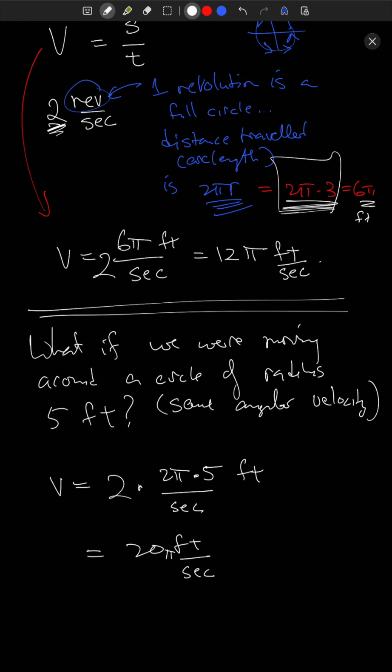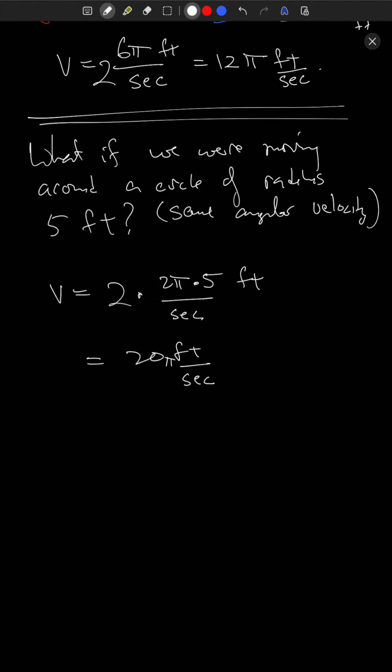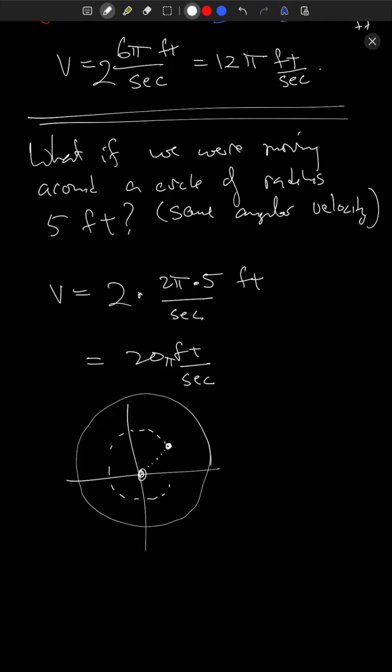Okay. Why are these two examples interesting? You could think of what's happening here as a spinning disk. In our first example, we were 3 feet away from the center of the spinning disk, moving around in circles like this. In our second example with the 5 feet, we were a little bit further out, all the way out here, moving around in circles.